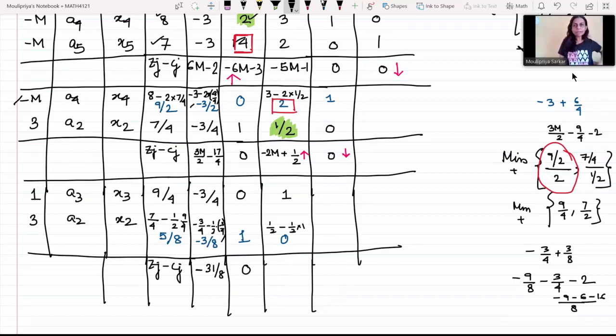And we have 1 minus 1, 0. Am I okay with this?